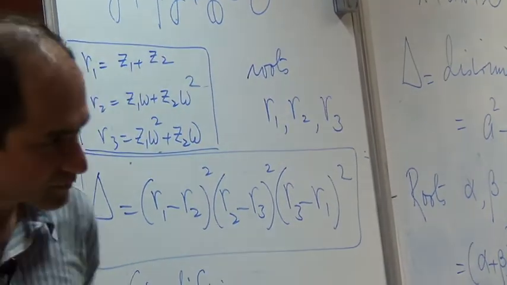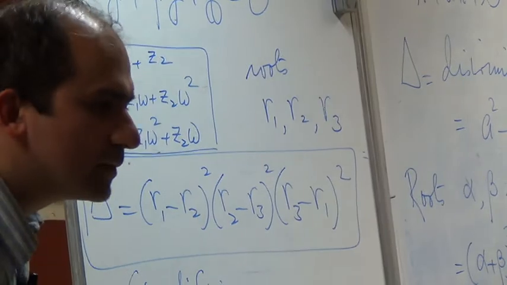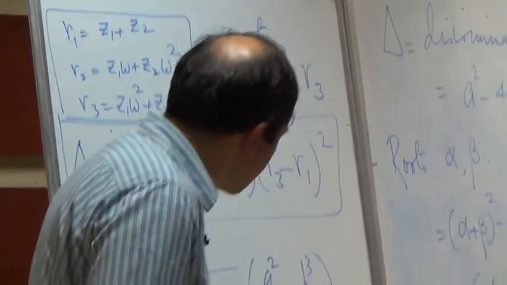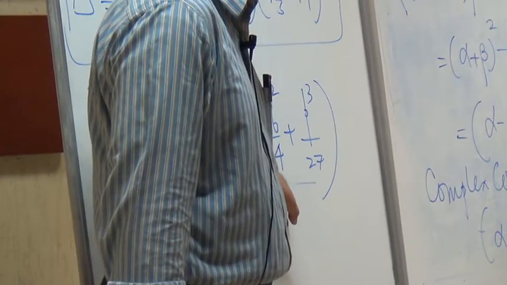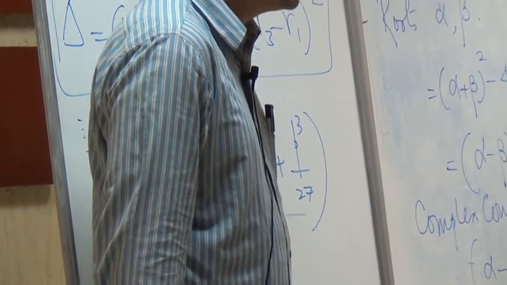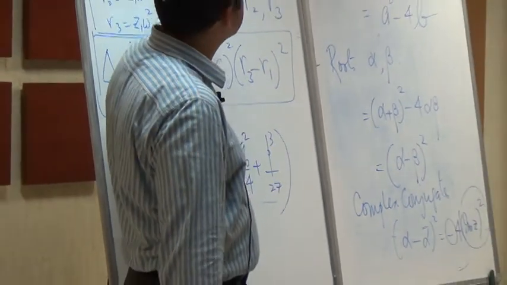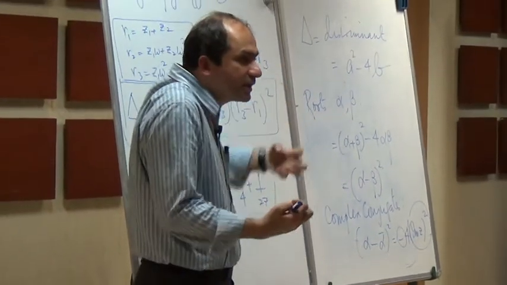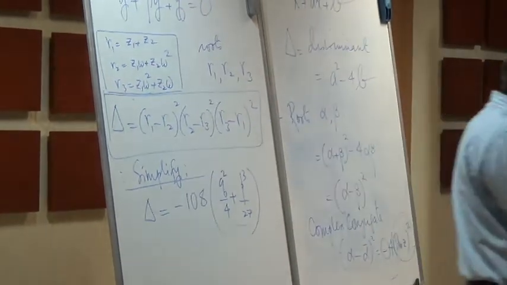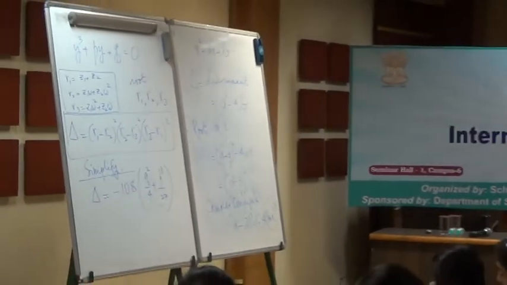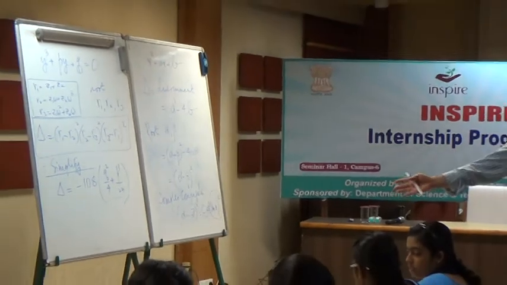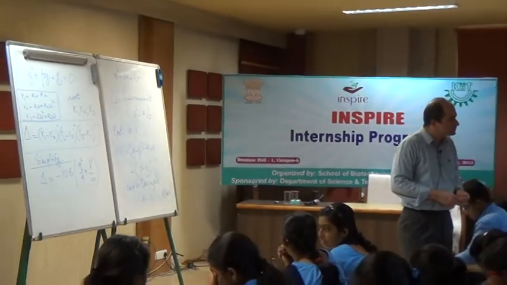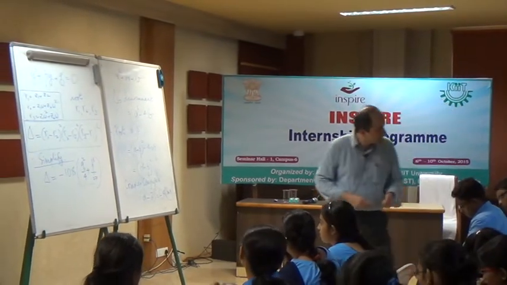So, the nice thing is, please note, there is no Z1, there is no Z2 here. There is no omega. Everything is expressible in terms of these coefficients, because this is given data. If I give you a reduced cubic, you know what P and Q are. You can write down this, right?